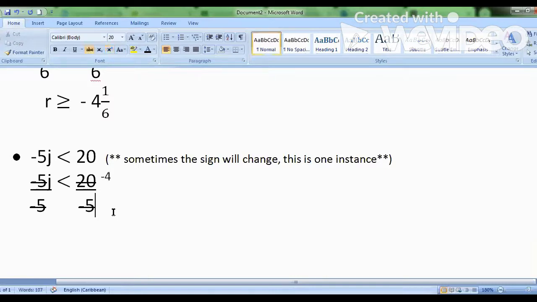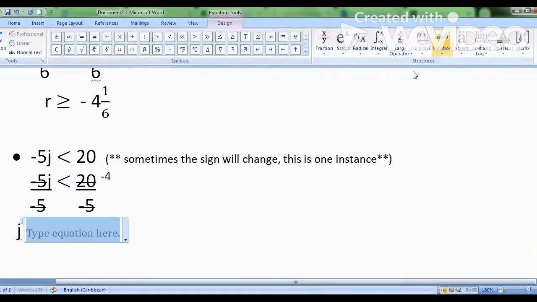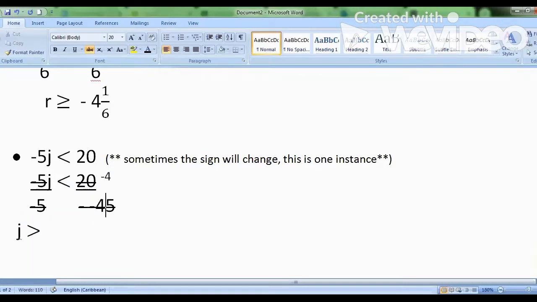All right, but the sign will what? The sign will change. So J is not less than. J is going to be what? Greater than -4. Greater than negative... Oops. Greater than -4.